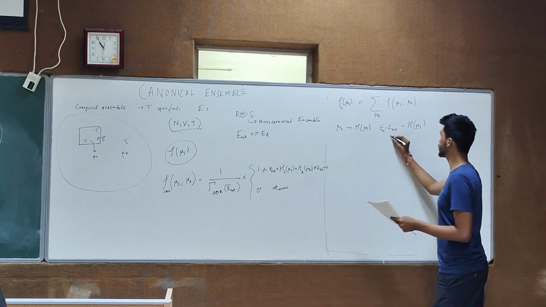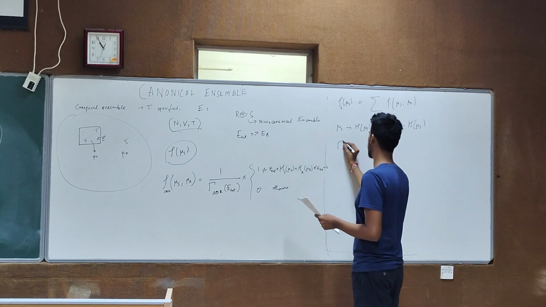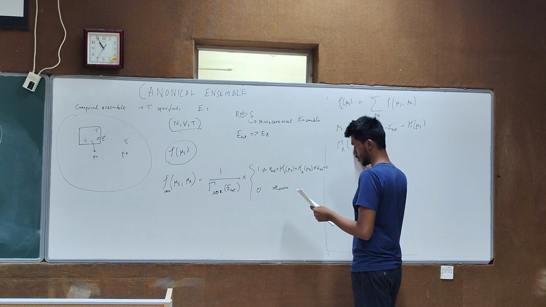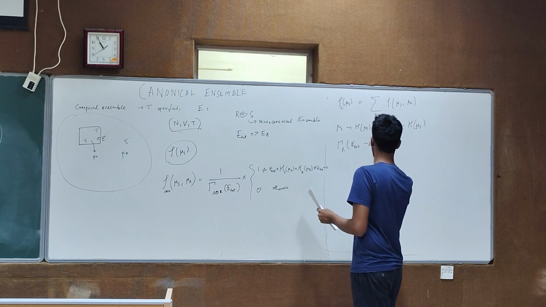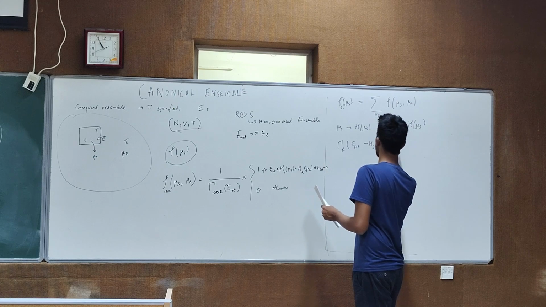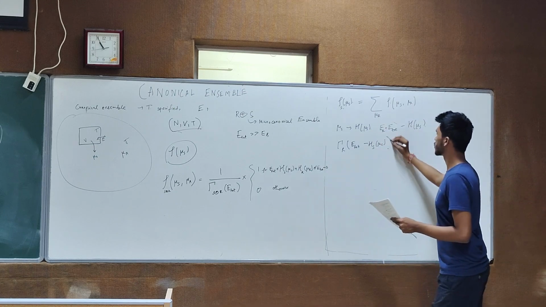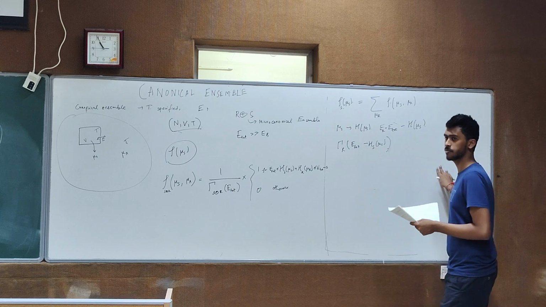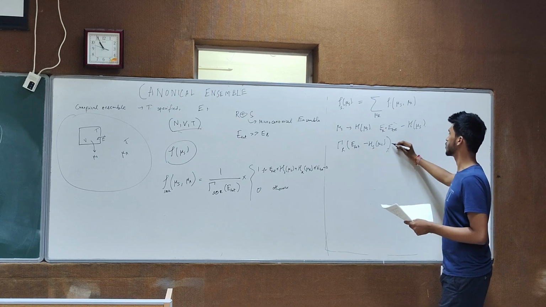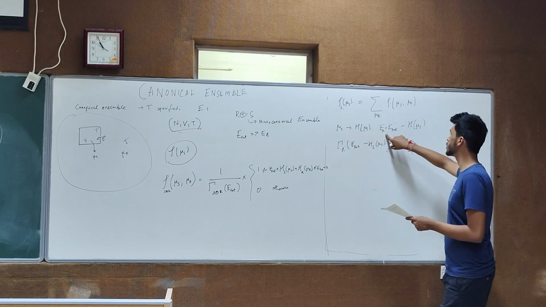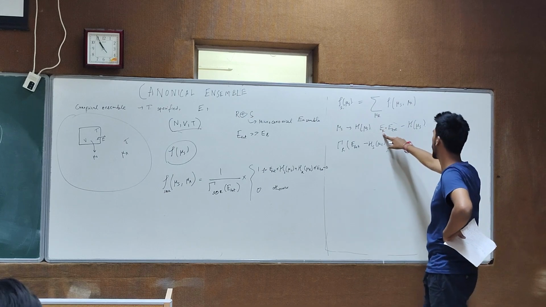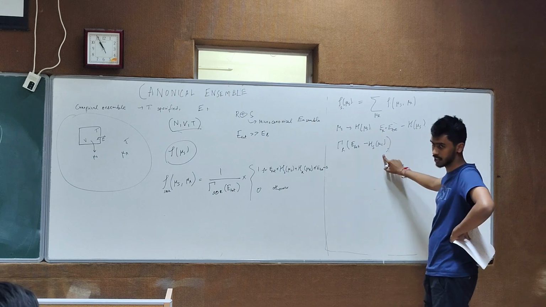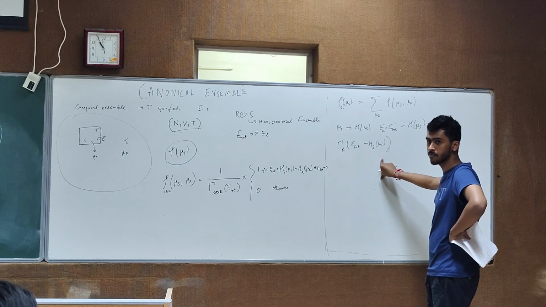And the number of states in the reservoir with this energy is gamma of the reservoir at E total minus H of μs. Right?